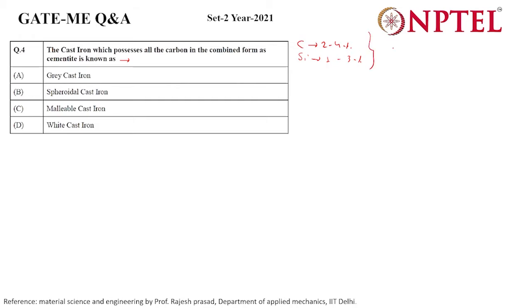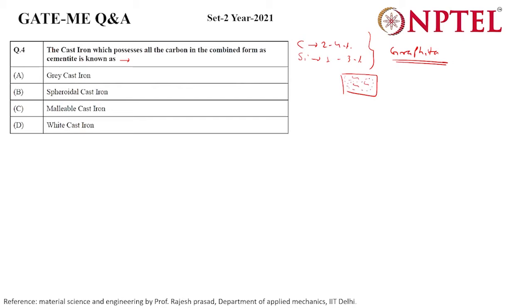So in grey cast iron, carbon exists in the form of graphite, in the form of flakes. The appearance of those flakes is gray, so it's known as gray cast iron. These are the flakes, and they are surrounded by the Fe, Fe3C matrix.